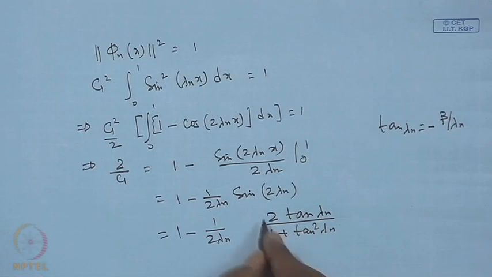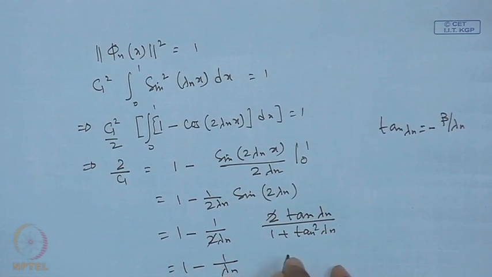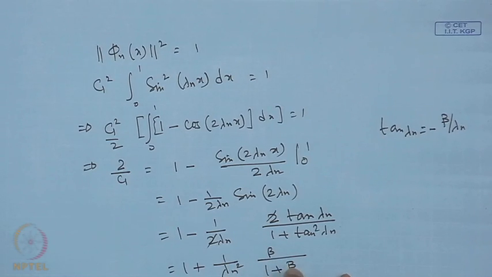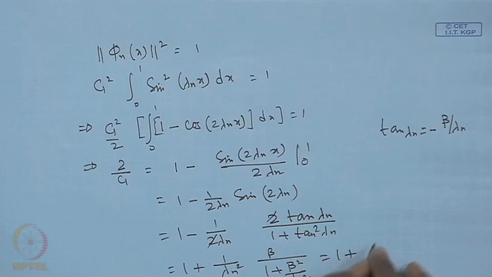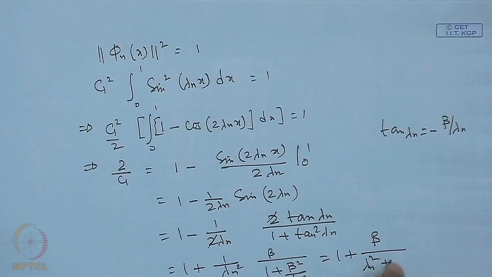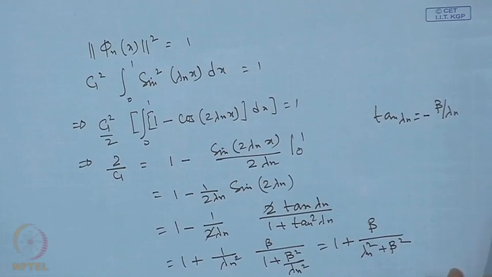We have already proved that these two will be cancelled out. So, 1 minus 1 over lambda n, it will be minus minus plus beta lambda n square divided by 1 plus beta square divided by lambda n square. So, this becomes 1 plus beta divided by lambda n square plus beta square. So, we get an expression of C 1 from here.